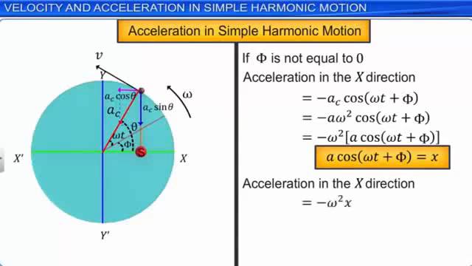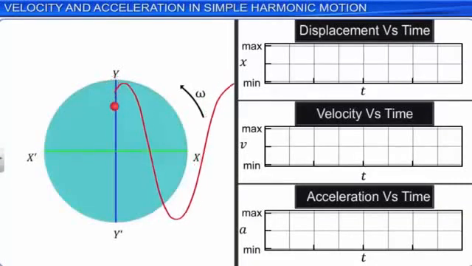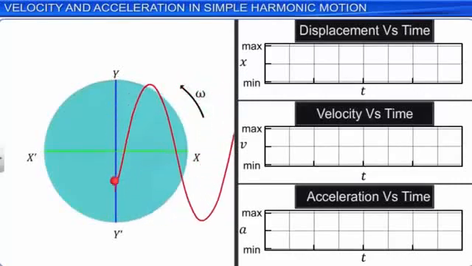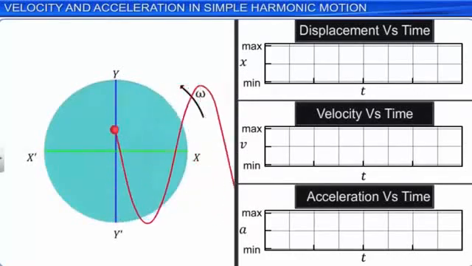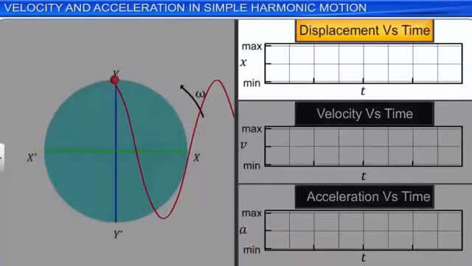Observe the graphs for the particle in simple harmonic motion. The first graph is displacement versus time. The second graph is velocity versus time.